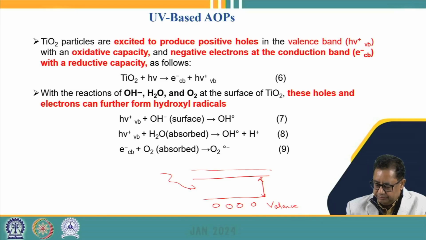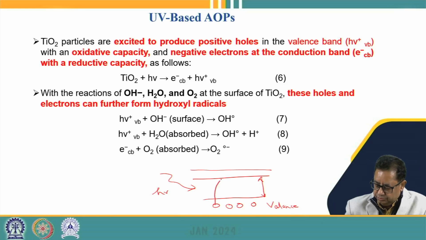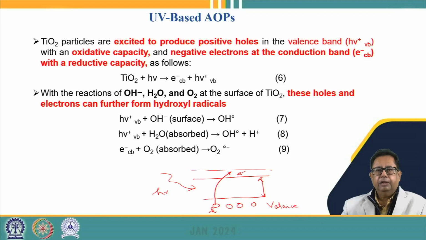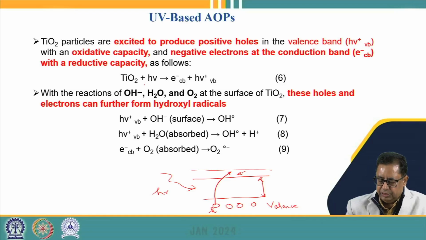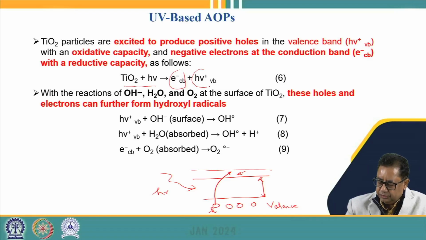As soon as light is incident on this type of catalyst, the electrons may jump to the conduction band, and the conduction band now contains electrons, and the holes are generated in the valence band. So you can see that with titanium dioxide in the presence of UV light, this may result in the formation of electrons in the conduction band and holes in the valence band.